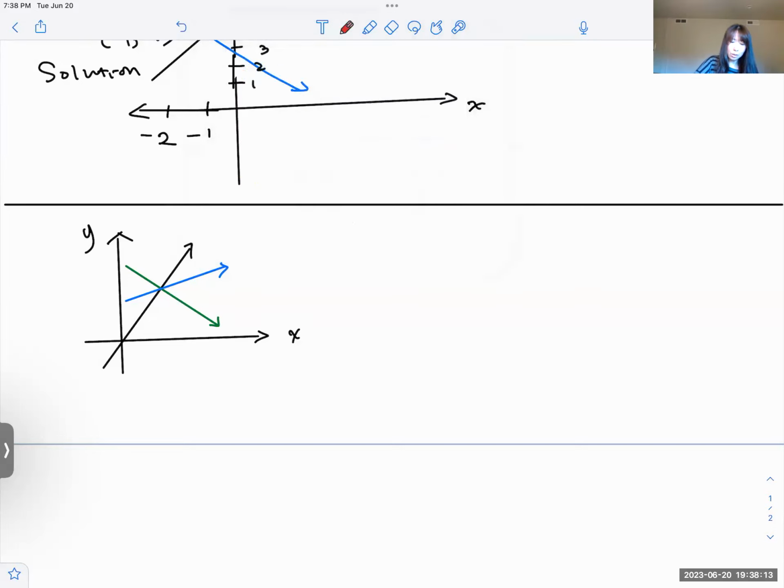So how many solutions? One. One solution. Good job.